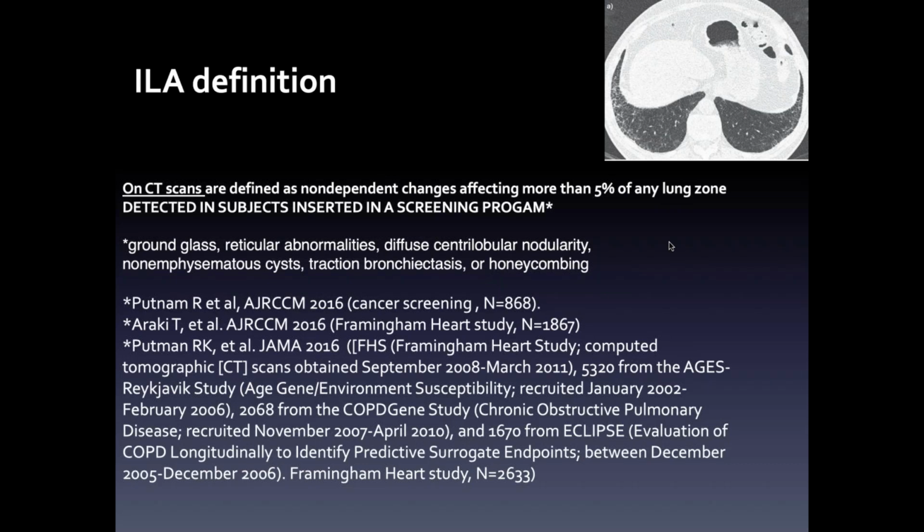So these changes were defined as ground glass, reticular abnormalities, diffuse centrilobular nodularity, non-emphysematous cysts, traction bronchiectasis, and or honeycombing. And these studies were performed in a large number of subjects, because these subjects were already inserted in a screening program.